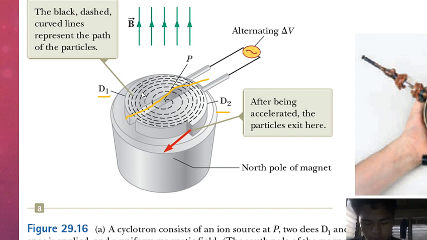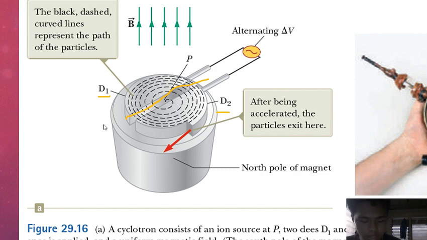The frequency of the applied potential difference is adjusted so that the polarity of the Ds is reversed in the same time interval during which the ion travels around D1. If the applied potential difference is adjusted such that D1 is at lower electric potential than D2 by an amount delta V, the ion accelerates across the gap to D1.